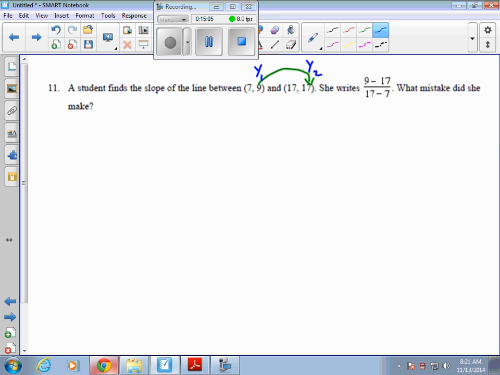Then she goes back and she does 17 minus 7. Now she does x sub 2 minus x sub 1. You can't go both directions like that. So what mistake did she make? And as short of an answer as we can put, she reversed, thank you, that's a good word. She reversed either the top or bottom.